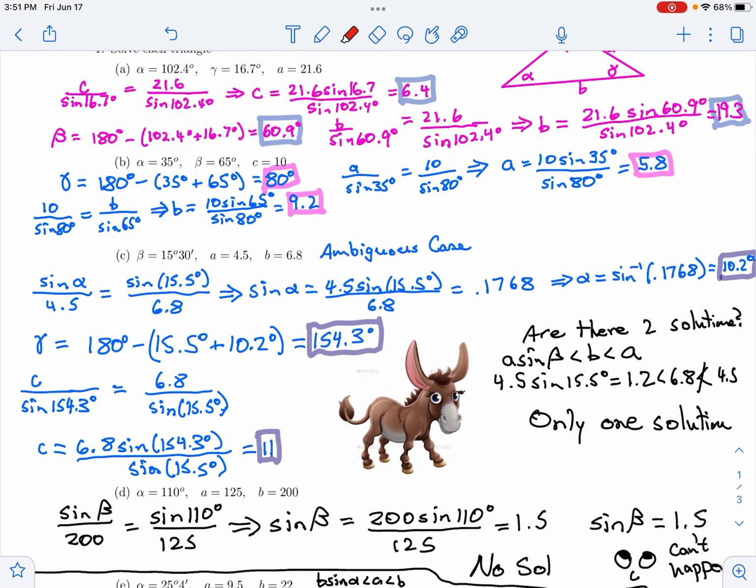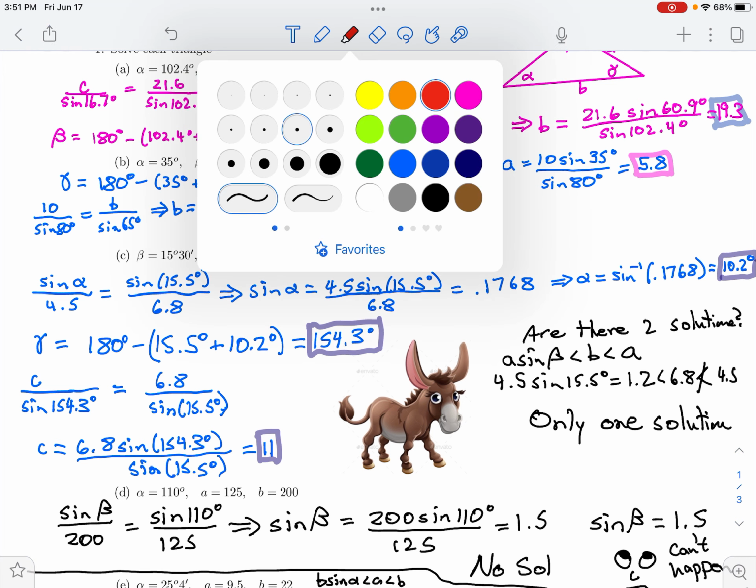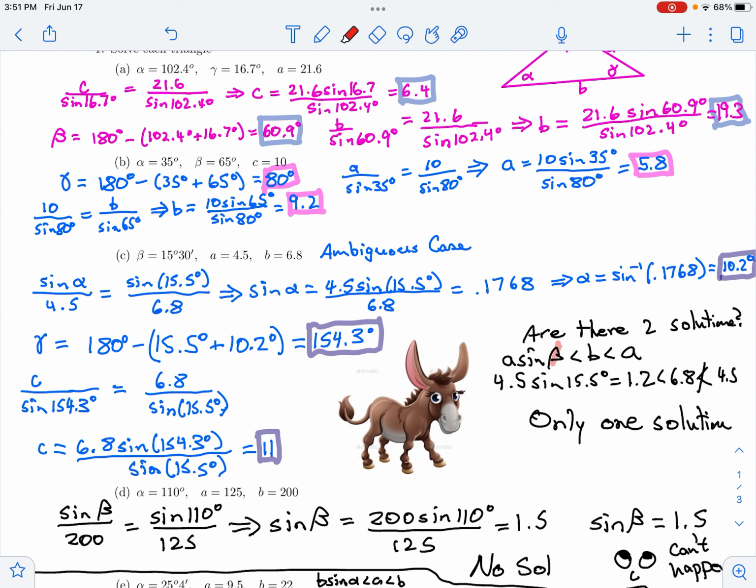I gave y'all a way that you can test this. In this case, I have been given beta and B, and I've been given A. You can test if there are two solutions if this inequality holds: A sine beta is less than B is less than A.